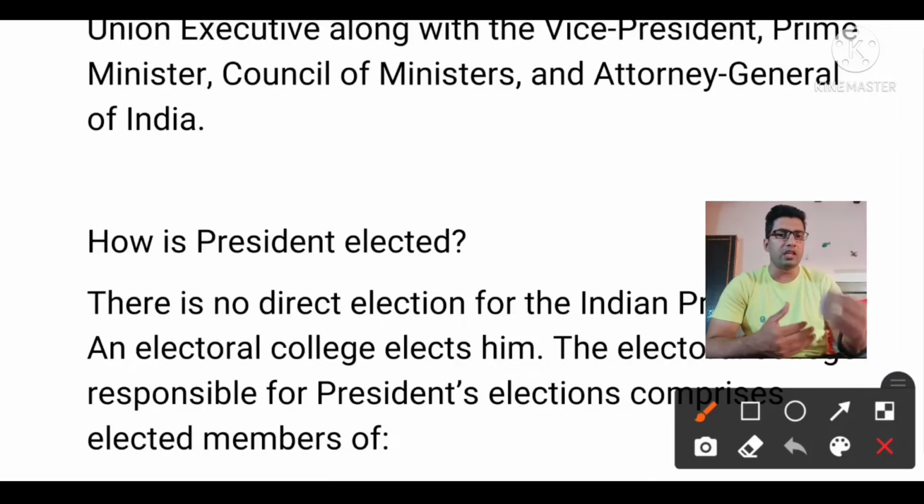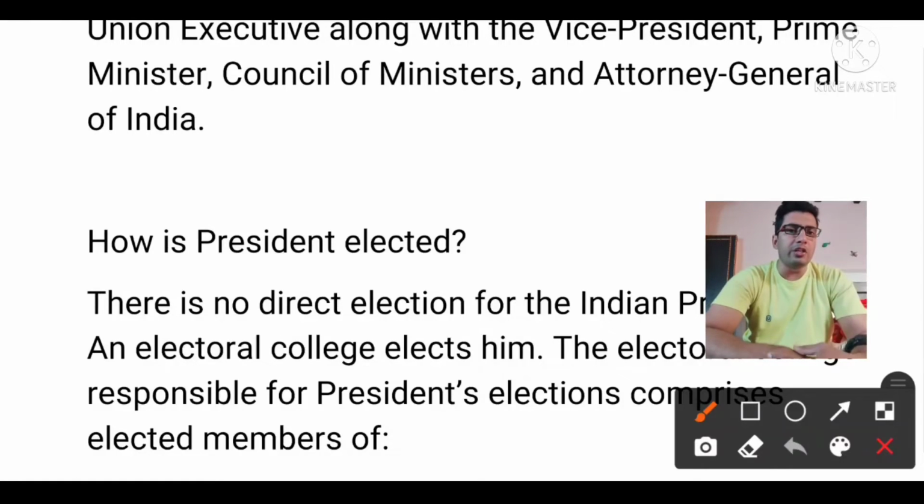On the recommendation of the Election Commission of India, the president annulled her candidature as an MP. The same case happened with Sonia Gandhi. Sonia Gandhi was chairperson of the National Advisory Council, and at that point of time she had to resign, and again she got elected from the Lok Sabha and won the election.